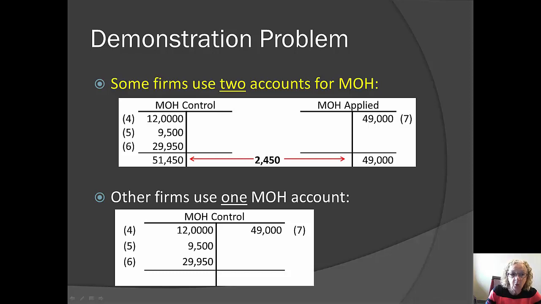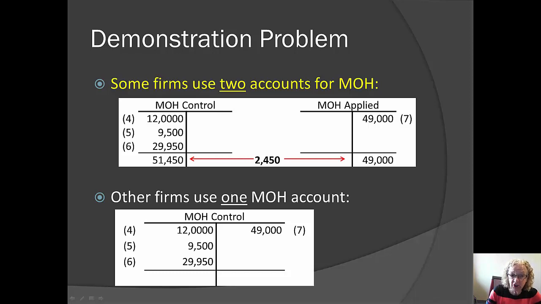In this case, we actually had $51,450 of real incurred overhead, and we applied $49,000 worth of overhead to our jobs, not because we made a mistake, but because we were using an estimated allocation rate.